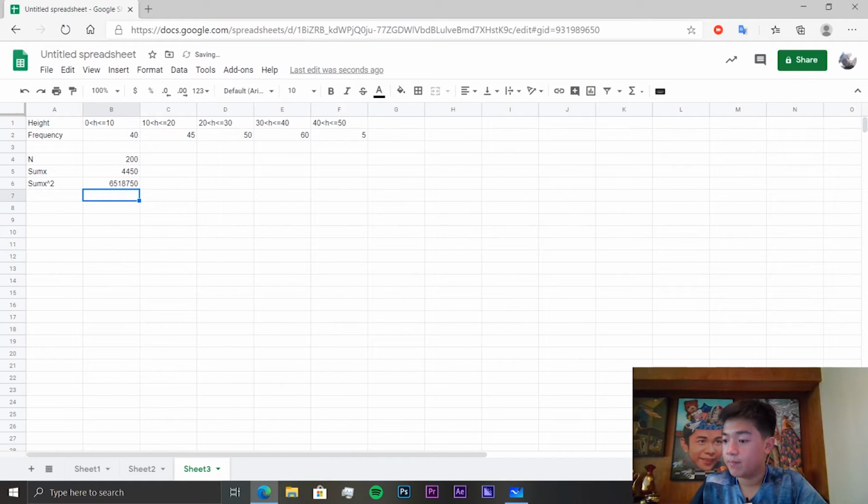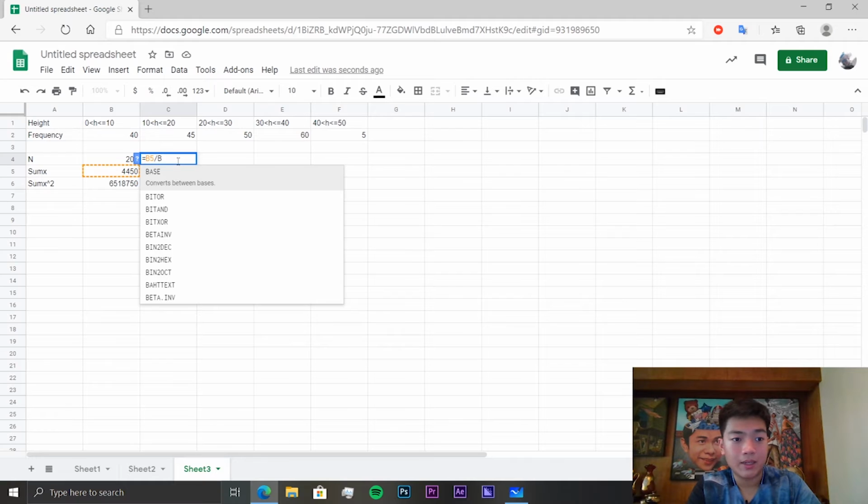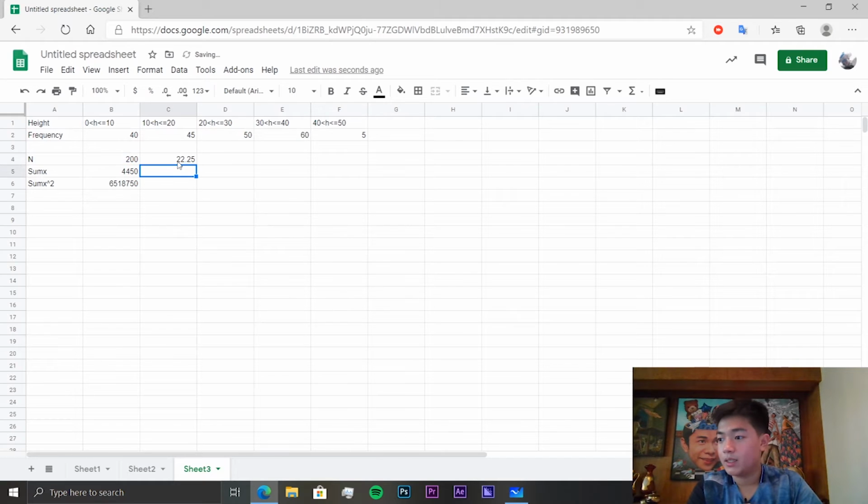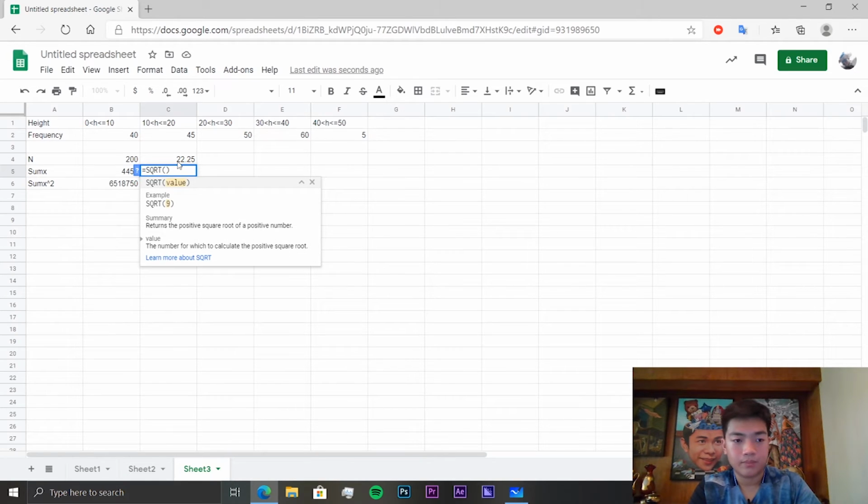So we should get a number like that. So let's get the mean, which is just the sum of the numbers divided by the number of numbers, so that's 22.25, and then the standard deviation is equal to the square root of the mean of the squares minus the square of the mean.